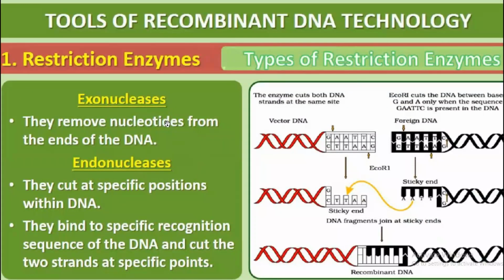Endonuclease enzymes cut at specific positions within DNA. Endonuclease enzymes are used to make cuts. They bind to a specific recognition sequence of the DNA and cut the two strands at specific points.